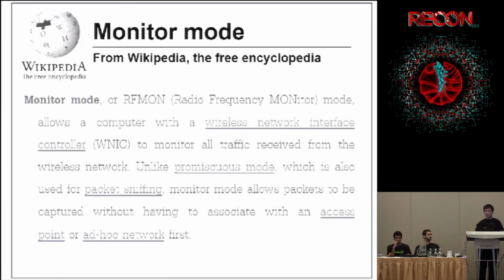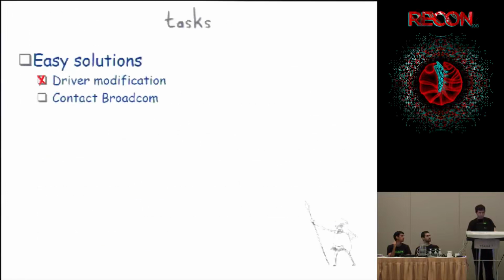Doing this in softMAC chips is trivial. The OS just should not respond to any Wi-Fi stuff it sees. On fullMAC chips, sometimes monitor mode is also implemented, and it's just telling the chip to go into monitor mode, and then it starts passing the full Wi-Fi packets. And this is what we want to do. So now we have a goal.